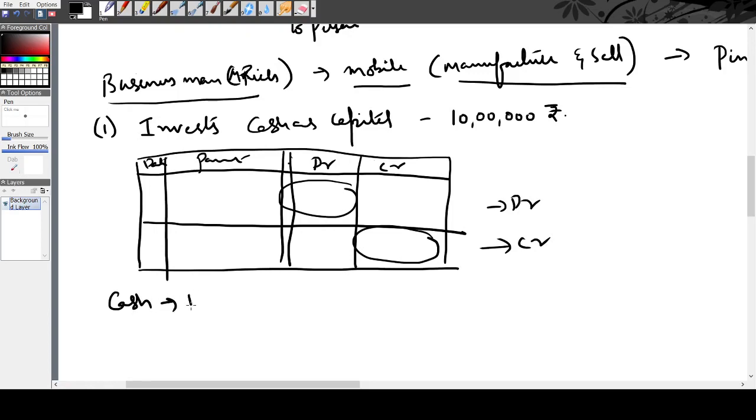It is definitely an asset, so I will classify it as a real account. The cash is coming into the business, hence it goes in debit. So I'm going to write here cash account debit 10 crores. I'll avoid the zeros here and write 10 crores. Now who is giving this money to the business? Mr. Rich.